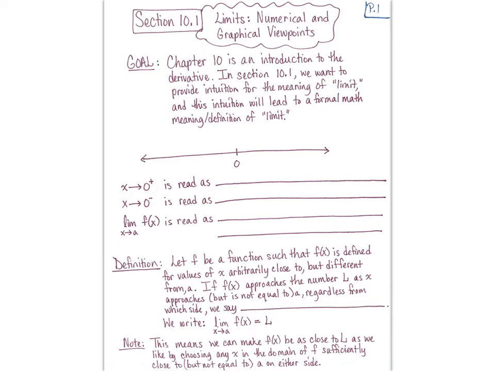This is read as x approaches 0 from the right. Okay? So, in other words, you're approaching 0 from the right-hand side. That's what that means. Okay?